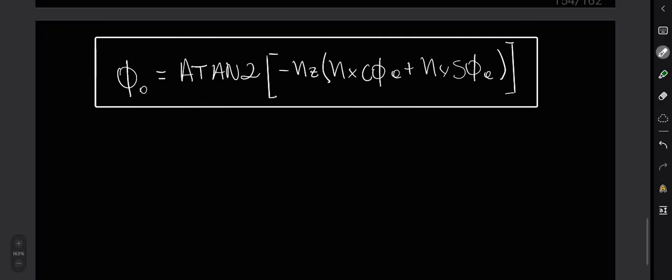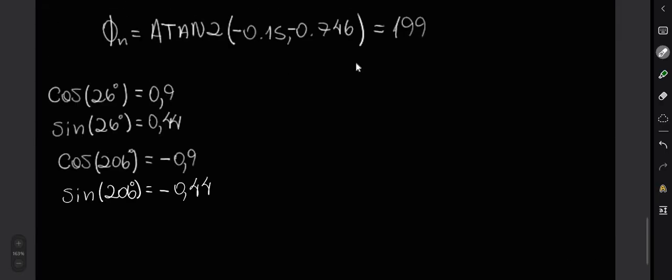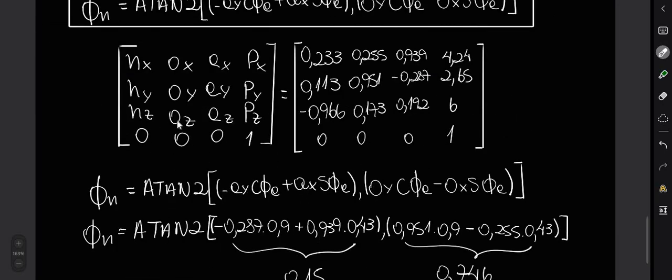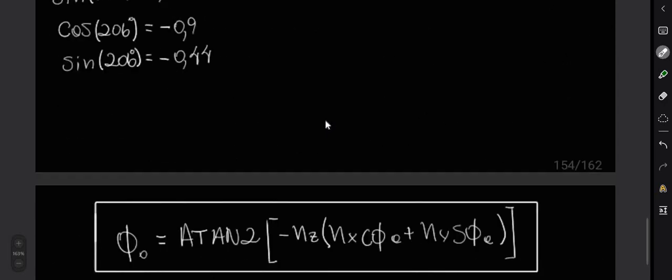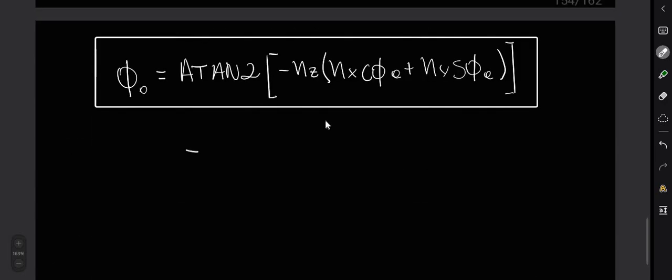So minus z, which is equal to 0.966, minus 0.966, and right here we have a comma.